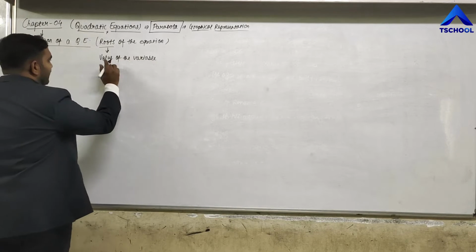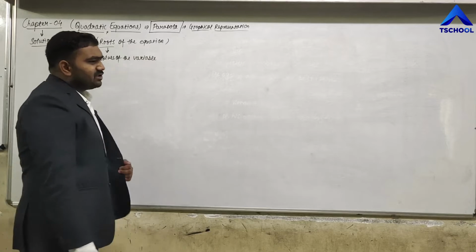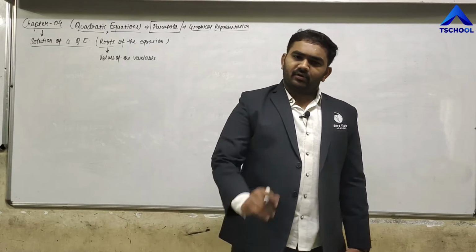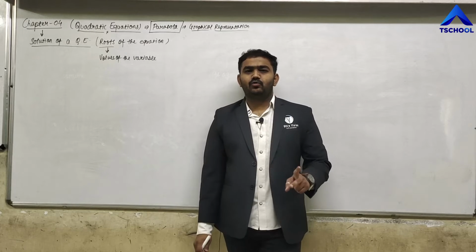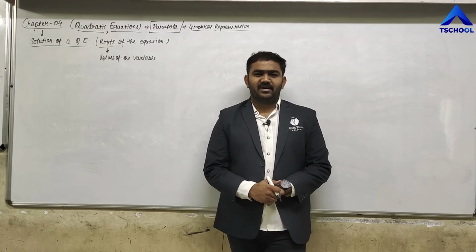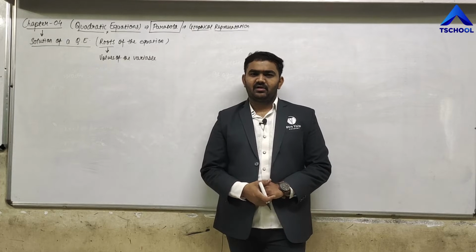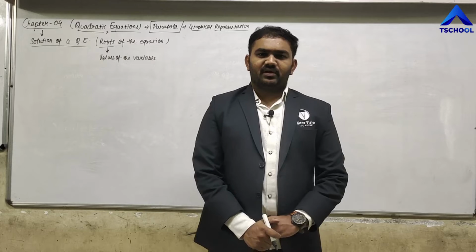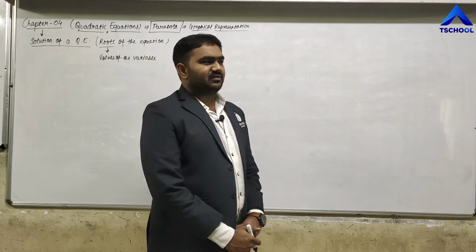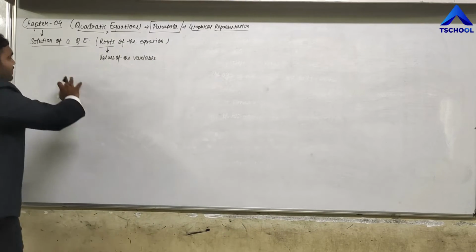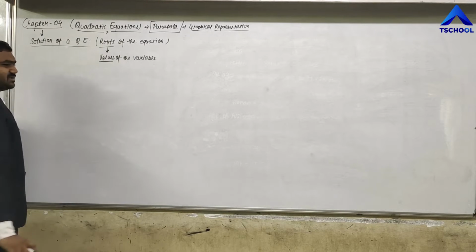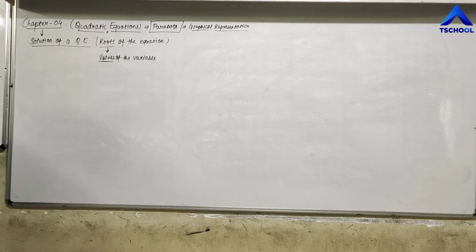As this is a quadratic equation, this equation will have at most, or you can say exactly, two values of the variable present in the equation. So there will be two roots, and if these roots are the solution to the given equation and satisfy it, then they are our values of the variable. That means they are the valid values of the variable that satisfy the given quadratic equation.